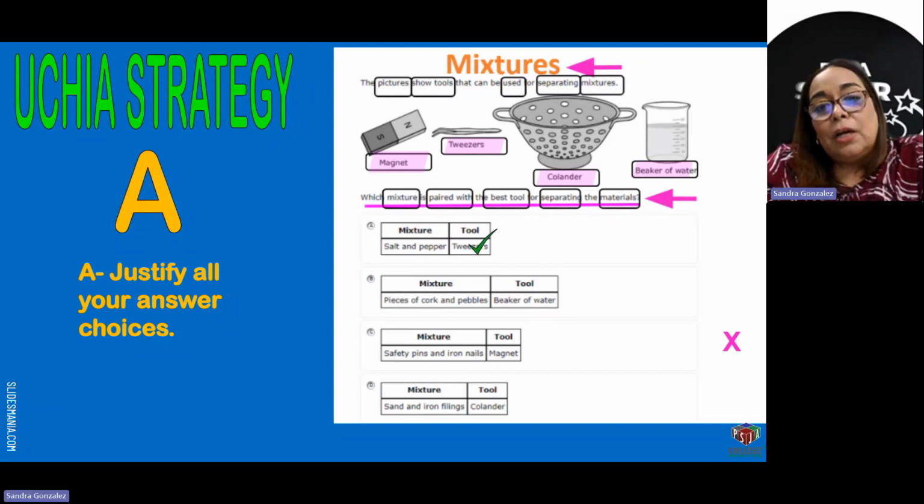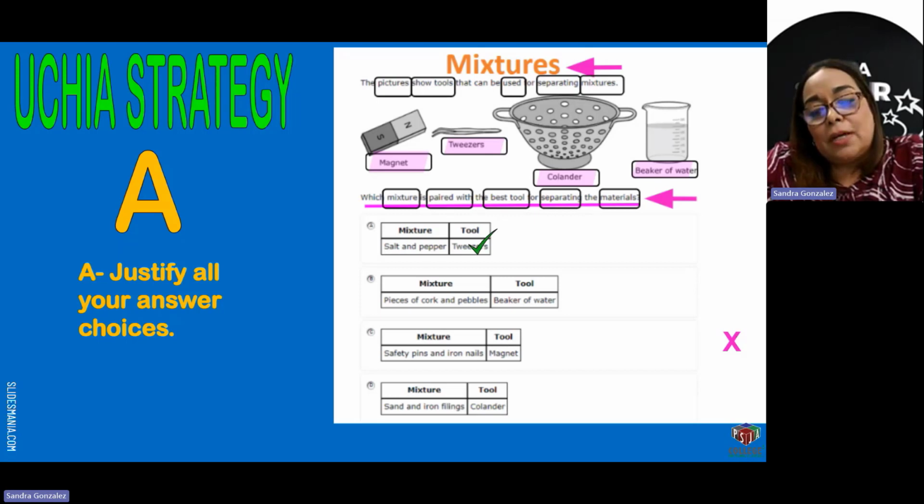So here, if we do salt and pepper, is the best tool for this tweezers? It is. However, the students also have to then go to the letter B. The mixture is cork and pebbles. The tool, beaker of water, and in this case it's not the beaker but the water to be used as tools.